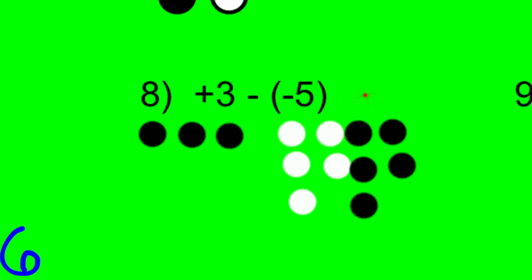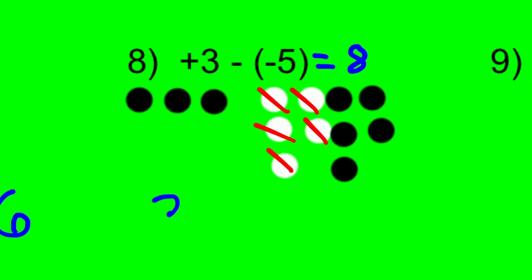Now what I actually have here is 0. So now I haven't added negative 5, I've added 0, and now I can take away 5 negatives. 1, 2, 3, 4, 5. And what I'm left with there is 3 plus 5 equals 8. So really, subtracting a negative is just like adding a positive.